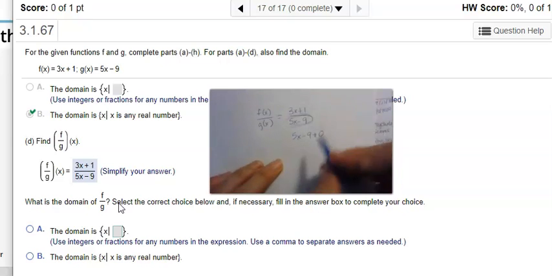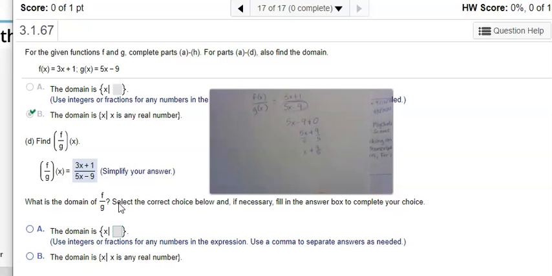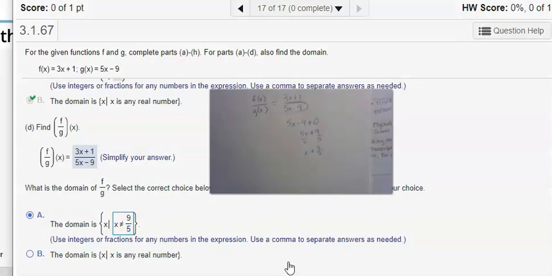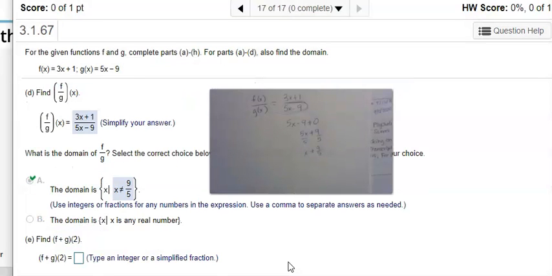So if I solve this, I get 5x is not equal to 9, and we don't want x to be 9/5. x can be anything else, just not 9/5. The way that they have this written is we can write it just like this instead of interval notation: x not equal to 9 over 5, and that's that.